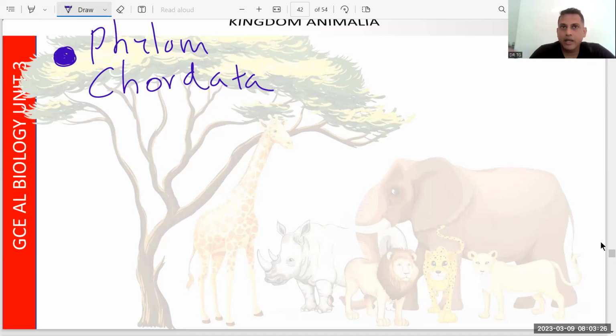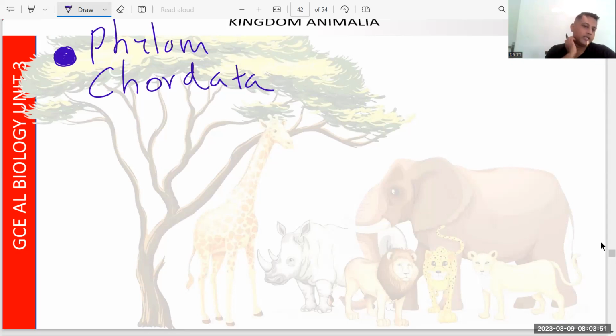Deuterostomes is development of an opening called blastopore, and it comes before mouth development. Then this blastopore later develops into the anus. That deuterostome feature is specific for Echinodermata and Chordata.